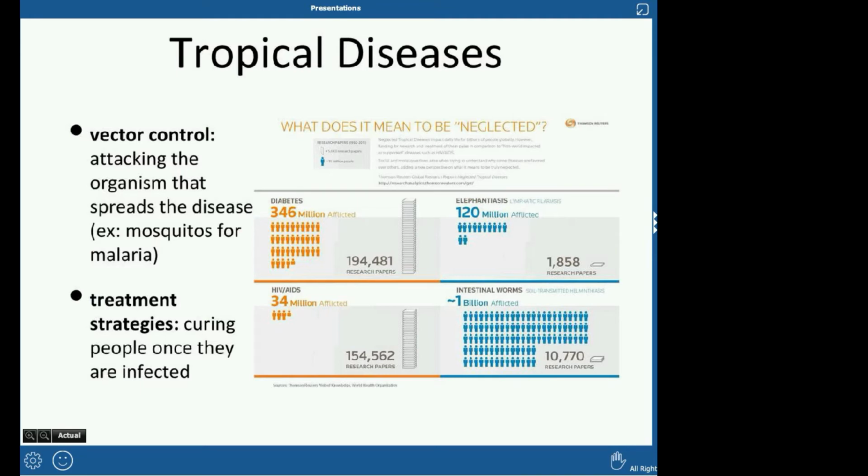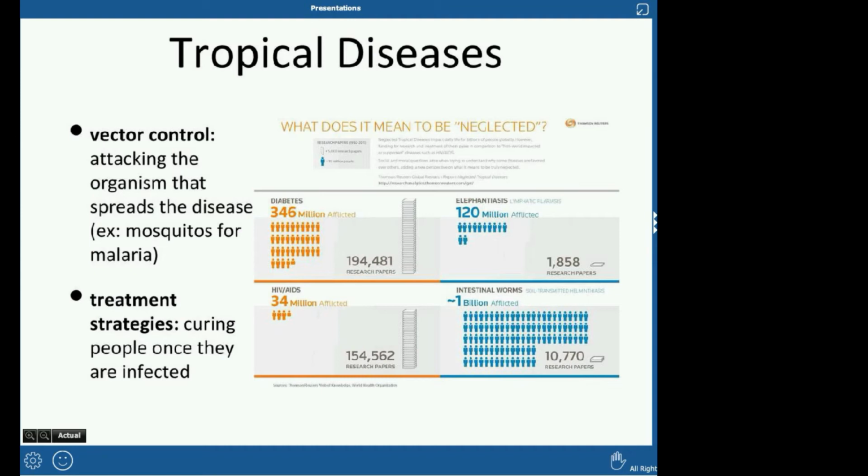So, more on diseases. We have vectors in physics, right, which are completely different. These are like biology vectors. These are the organisms that spread the disease, whatever it is. So malaria is spread by mosquitoes, and so killing mosquitoes kills the vector.